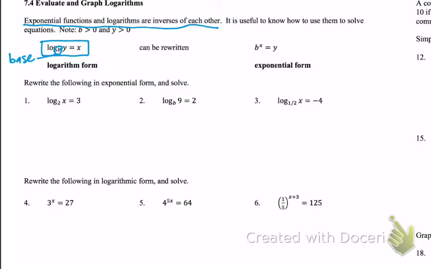So a good way to learn or memorize how it switches is I think about the b coming up. So I have log of base b of y equals x. What happens to the b is it shifts up. The y comes around and the x comes to the top.